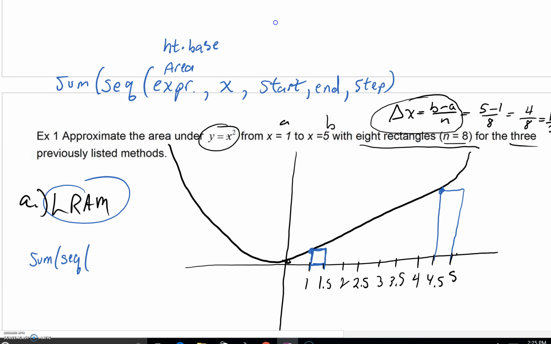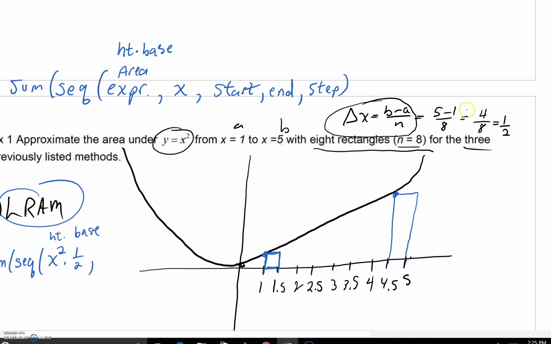So we're going to come here and we'll say, well, my function value is x squared. That's my height. What's my base in this problem? Well, the base is 1/2. Kids might say, where'd that come from? Right over here. That's your delta x, right? Then I need my starting x value. What x value was used to start us off with our first height?